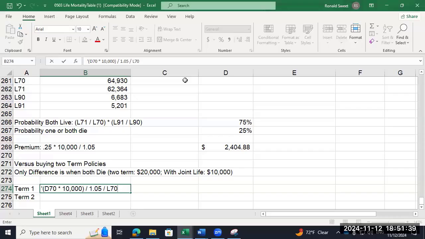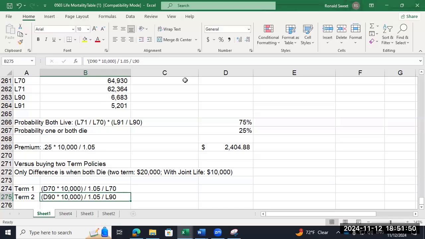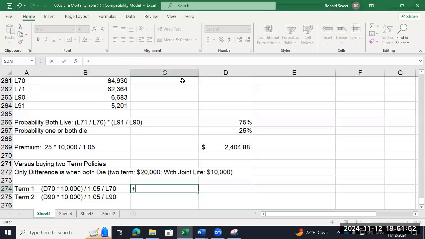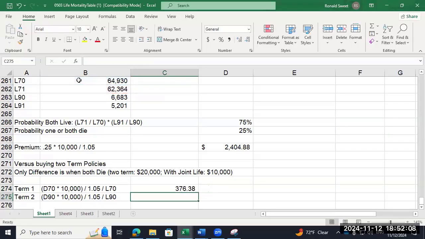That's the formula we used before. The second term is going to be D90 times 10,000 divided by 1.05. So the first policy, D70 is going to be L70 minus L71, times 10,000 divided by 1.05 divided by L70. Here's your premium for that one.